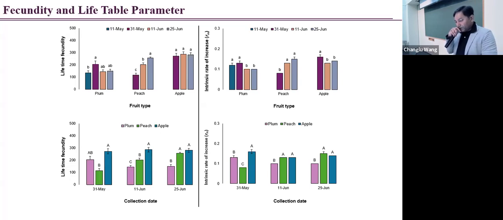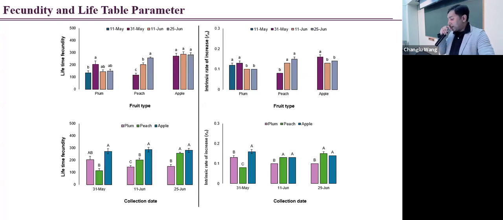So, as I told you, it's very difficult to quantify that. Which one is the better one? So we did life table analysis again and found that in the earlier stage, plum fruit is better. In the later stage, peach fruit is better.